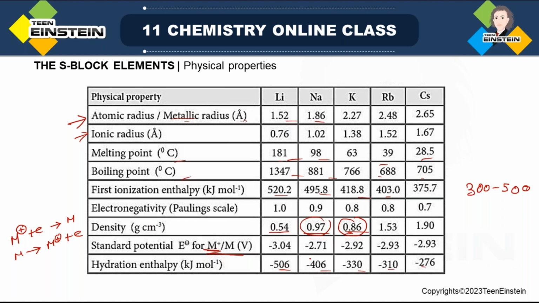Now look at the values, all of them are negative. When there is a negative value, it is basically standard reduction potential, and mostly if nothing is mentioned specifically, you can consider reduction potential by default, but sometimes it may be oxidation potential also.